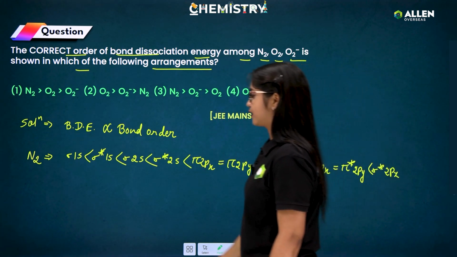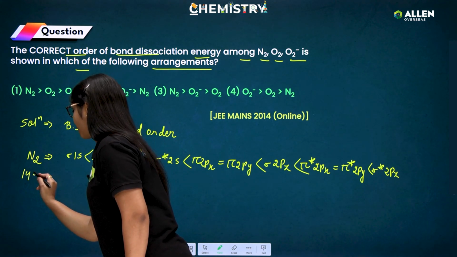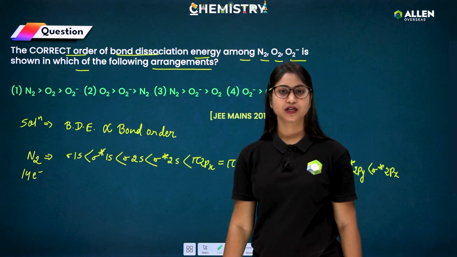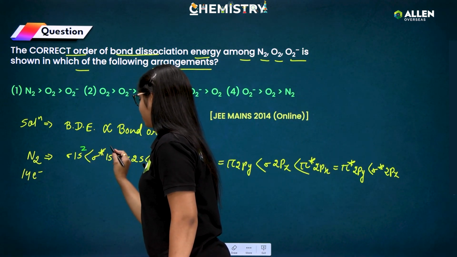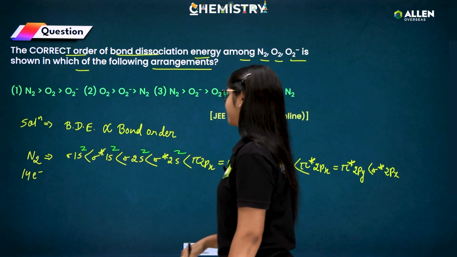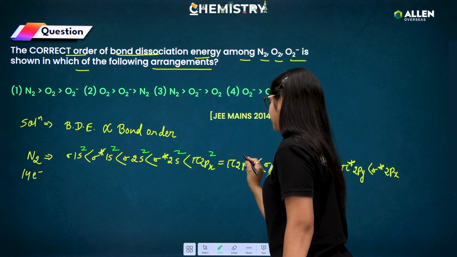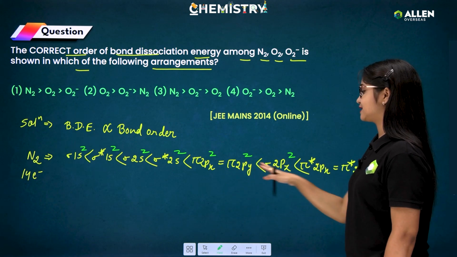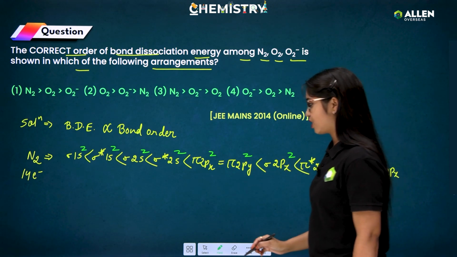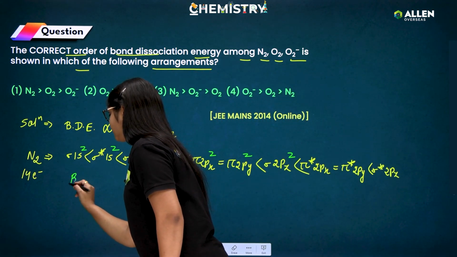Now for N2, how many electrons do we have? We have a total of 14 electrons, so we have to fill the 14 electrons now. 2, 2, 2, 2, that's 8, then 12, and here you have 14. This is how we fill the 14 electrons. Now how to find the bond order?